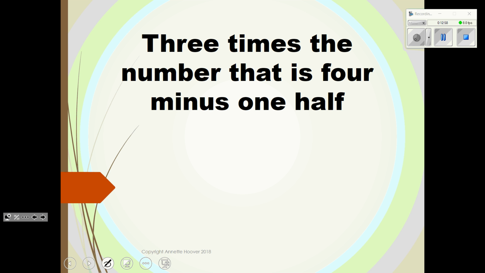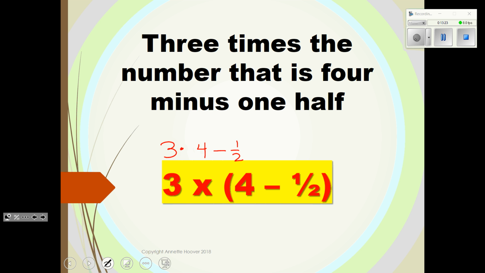3 times the number that is 4 minus 1/2. Let's think about this again. 3 times the number that is 4 minus 1/2. Or when you're going 1/2, you could just do divide by 2. So you could write it like this, or you could divide by 2.